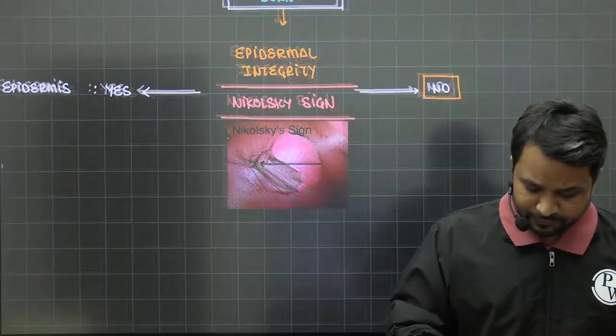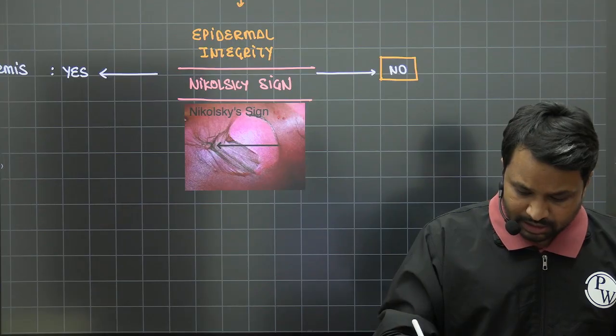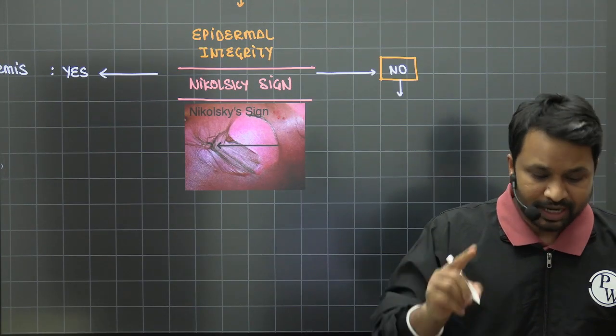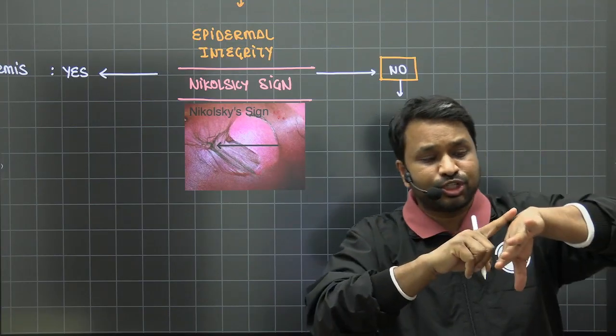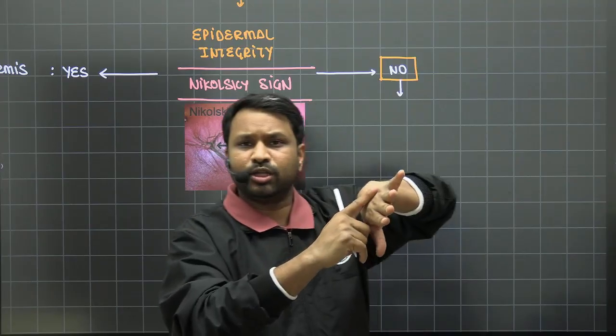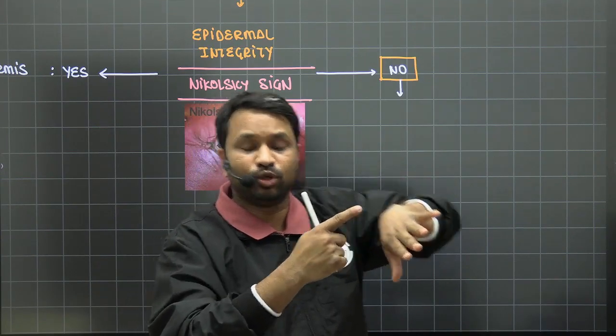Now, if the epidermal integrity is lost, what are you going to do? I'm going to put on a glove and then gently rub the wound with my finger, right?